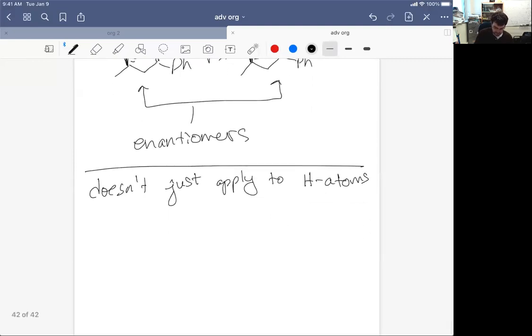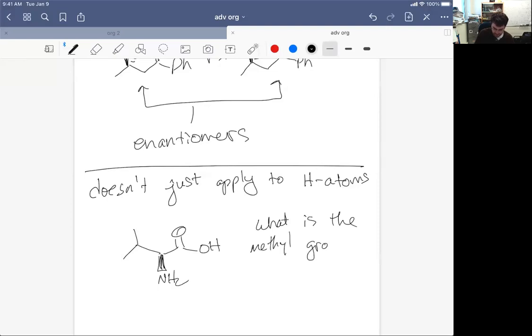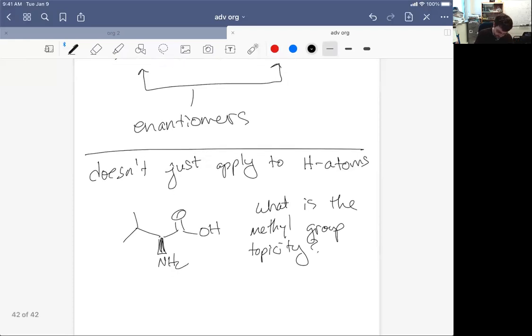Okay, let's look at an amino acid valine. And I'm going to ask, what is the methyl group topicity? So we're looking at the entire methyl group here.